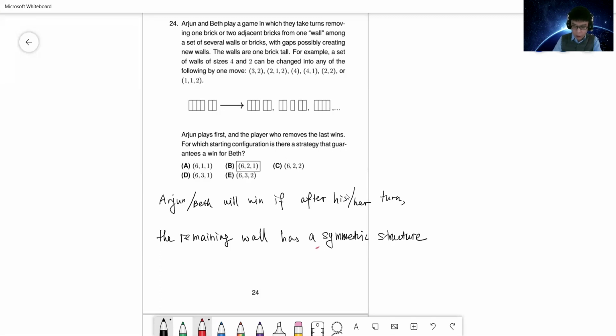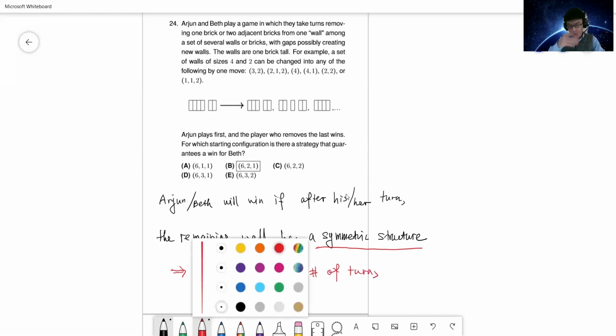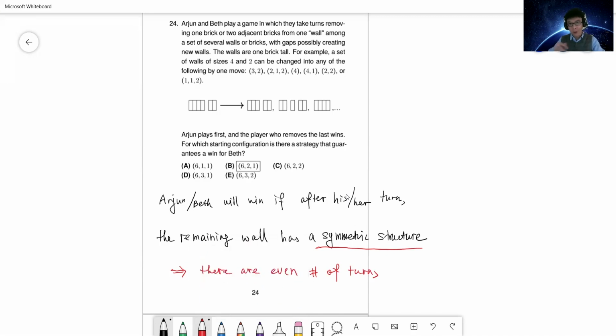Symmetric structure means that we have pairs of pieces that have the same shape. This symmetry means there are an even number of turns. Symmetric structure guarantees an even number of turns in the future, and that will guarantee the last turn is this person's.